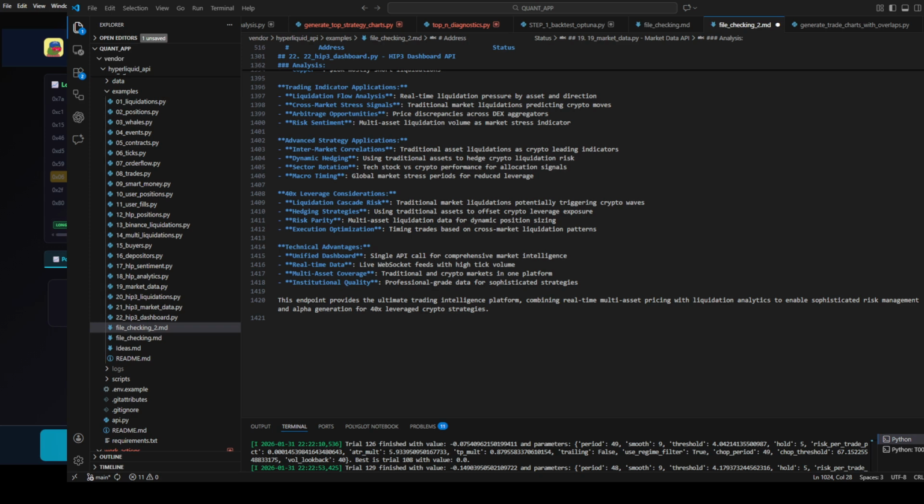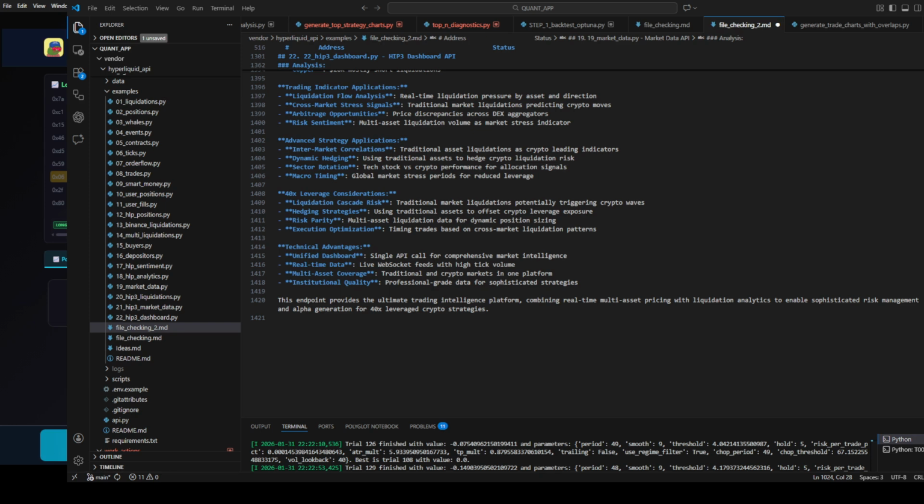40x leverage trading considerations, liquidation cascade risk, traditional market liquidations potentially triggering crypto waves; hedging strategies using traditional assets to offset crypto leverage exposure; risk parity, multi-asset liquidation data for dynamic position sizing; execution optimization, timing trades based on cross-market liquidation patterns.